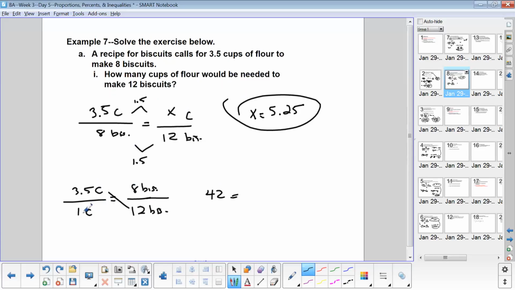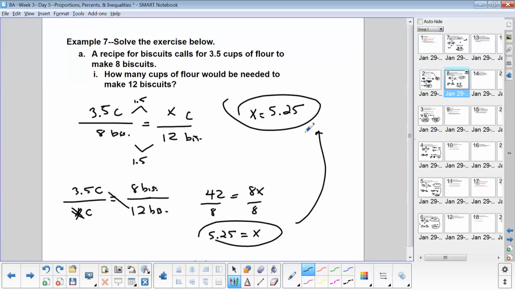And of course, this would be X amount of cups, not 1 cup, X amount of cups. And that would be 8 times X, and that would be 8X. So I would have to divide 42 by 8, and I'd get 5 1/4 cups of flour. Same thing that I found up here.